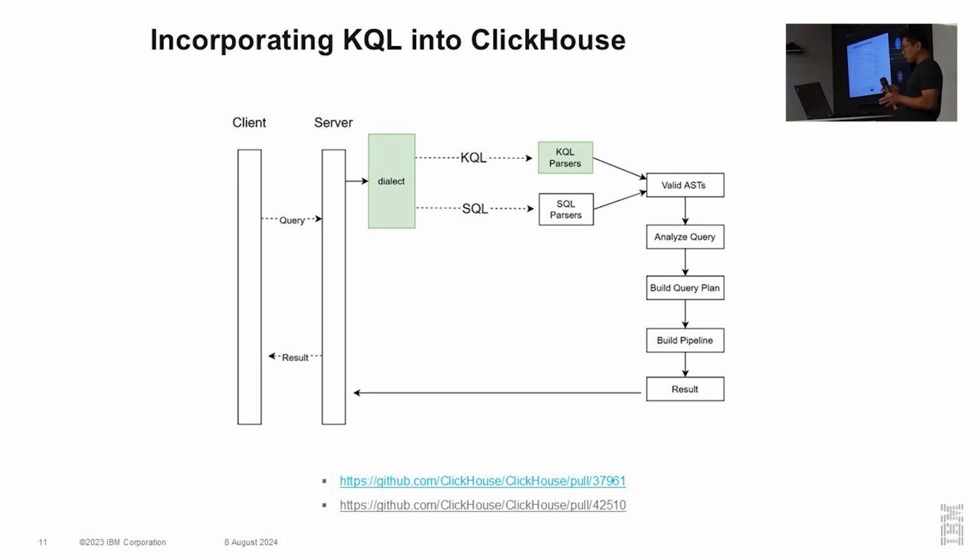Then your query will be sent to a new KQL parser. It's equivalent to the SQL parser in ClickHouse today, but it's sent to the KQL parser, which is contributed by our team. What the KQL parser does is convert the KQL into a valid SQL AST.